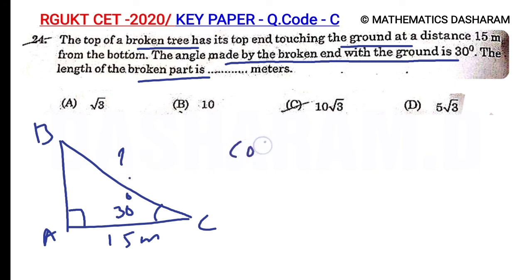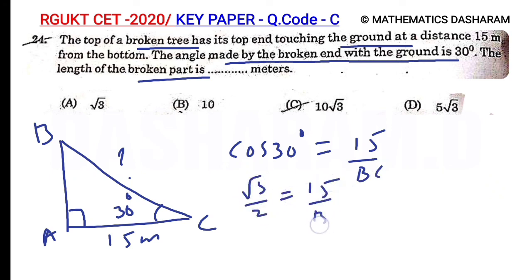Let's use cos 30 degrees. Cos 30 degrees equals the adjacent side 15 by the hypotenuse, that is the broken part BC. Cos 30 is root 3 by 2, equals 15 divided by BC.